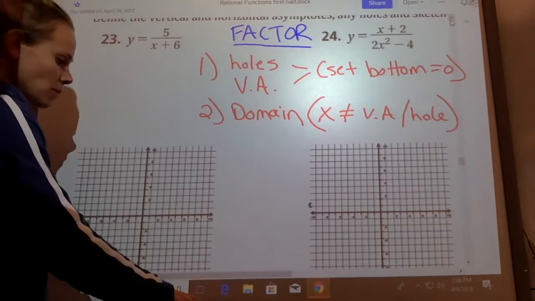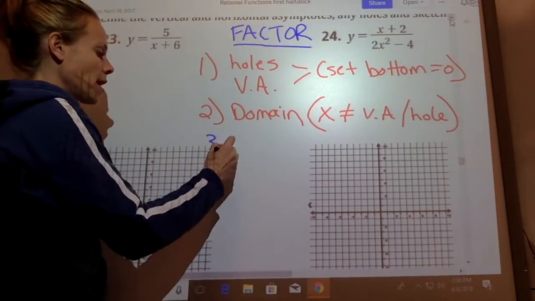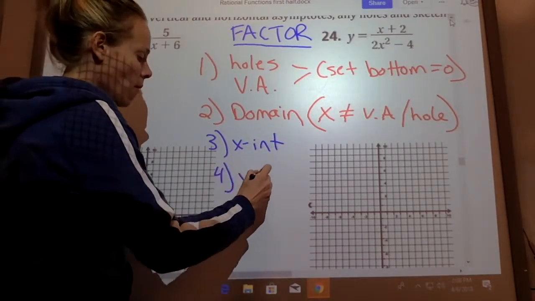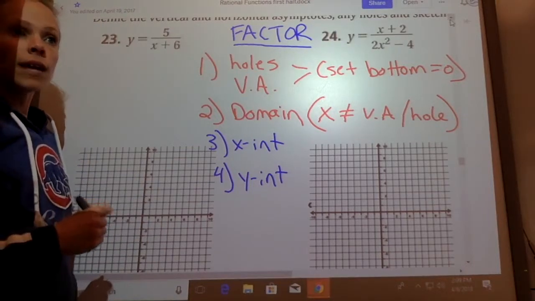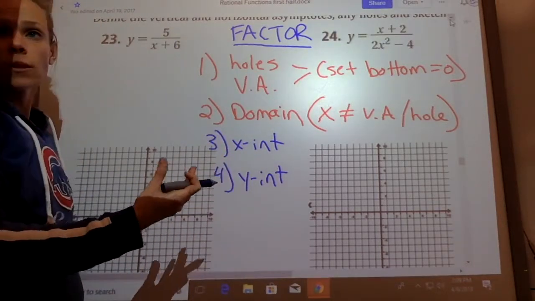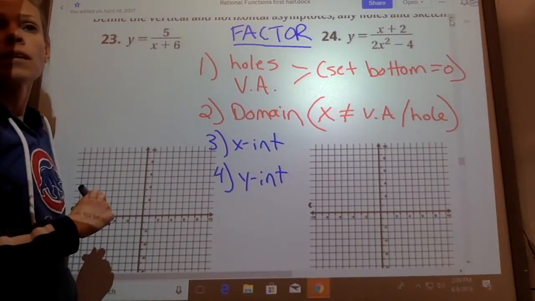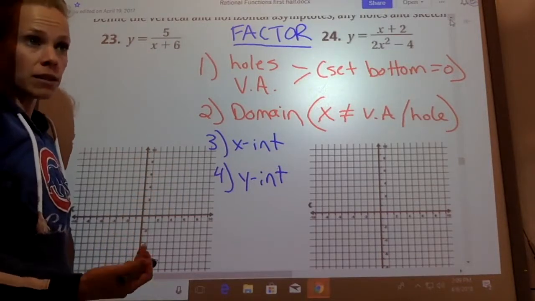Then we got into x-intercepts and y-intercepts. Remember how to find an x-intercept? An x-intercept is when y is 0. The only way to make a fraction equal 0 is what? If the 0 is on top. If you've taken 0 divided by something, it's 0.